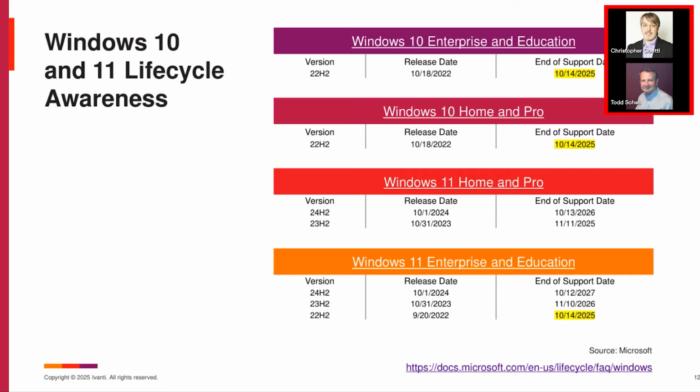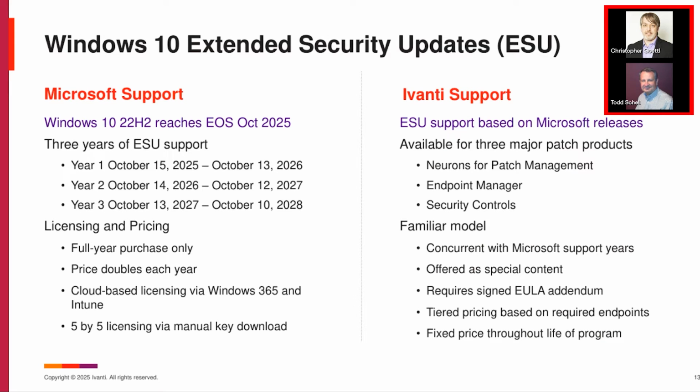So make sure you've got your plans in place either to transition off of or continue support for Windows 10 past October. We've been talking about this most months for the past several months, just making sure people are aware. But if you are using an Ivanti solution, you subscribe to the Microsoft ESU, and then you would contact us and get support in place for that.